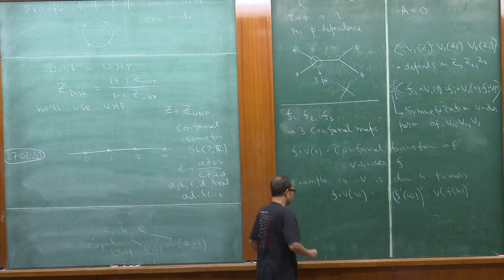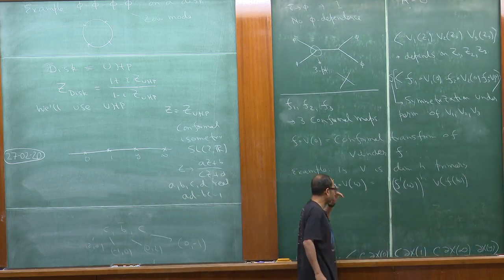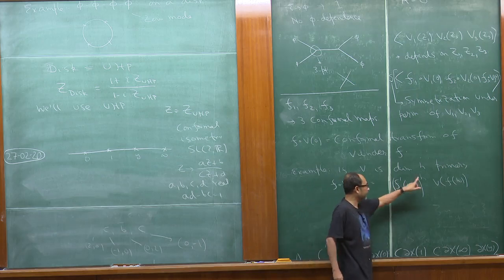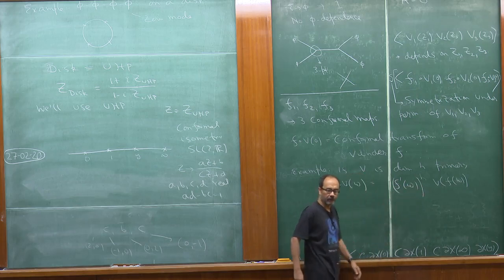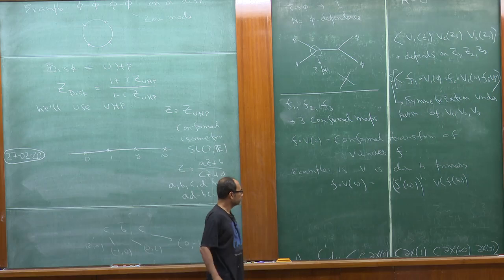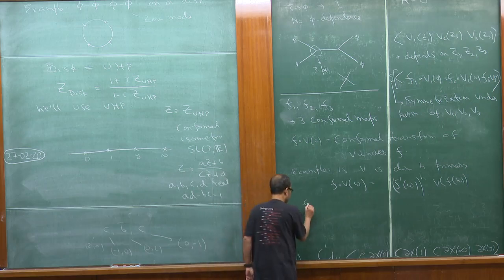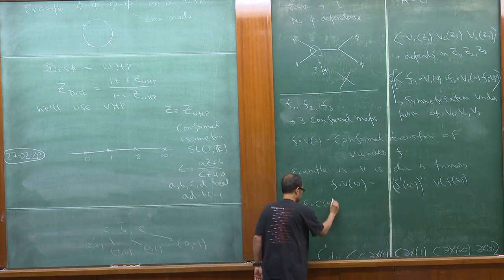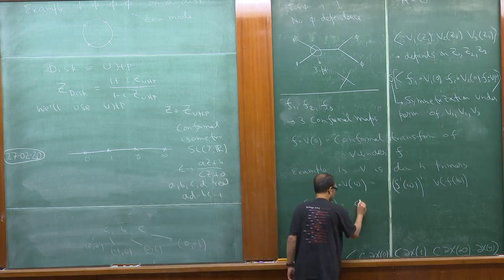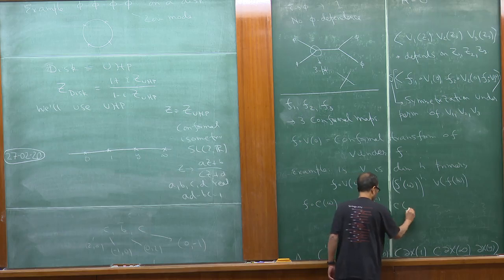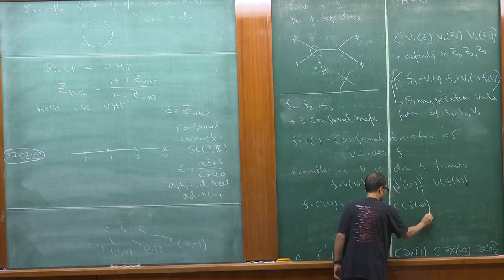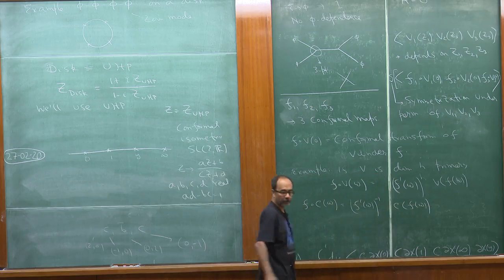I should have said that I have not separated between left and right conformal dimension because this is all happening at the boundary. So it is a total conformal dimension, left plus right, when you do the counting. So f dot c is f prime of w inverse times c of f of w, because c is the dimension minus 1 primary.